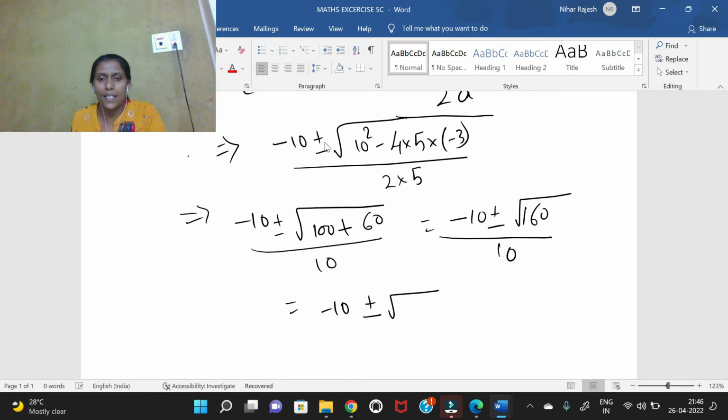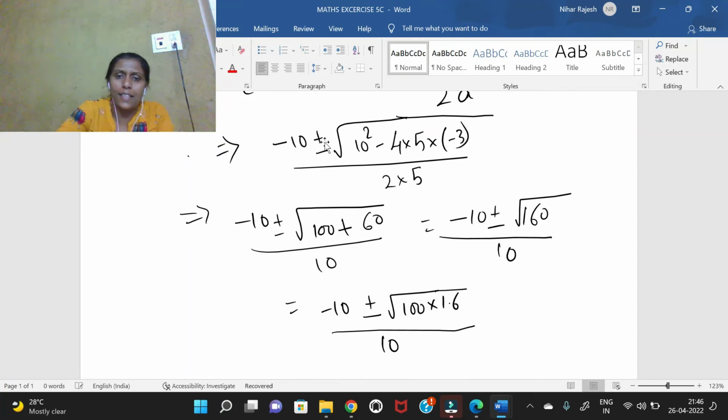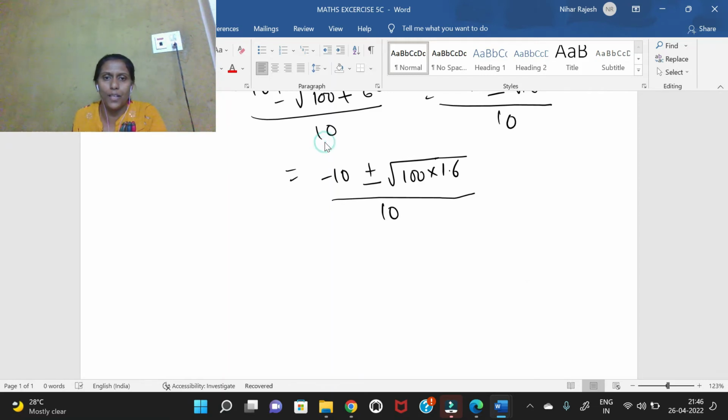Now I can say this as 100 into 1.6. Why am I doing this? I'll tell you. 160, so divided by 10. And therefore next what I can do is minus 10 plus or minus square root of 100 is 10, square root of 1.6 is 0.4, divided by 10.